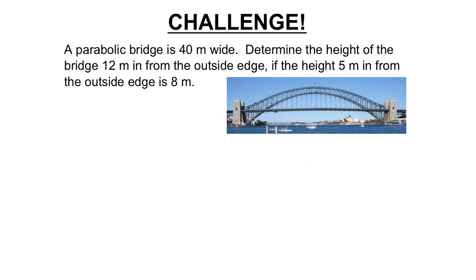So just so you understand, determine the height of the bridge 12 meters in from the outside edge. Okay, so here's the edge. 12 meters in, what's the height? I'm telling you that 5 meters in from the outside edge, so only 5 meters away, that height is 8 meters. So if you're up for this challenge, you can pause the video and try it.